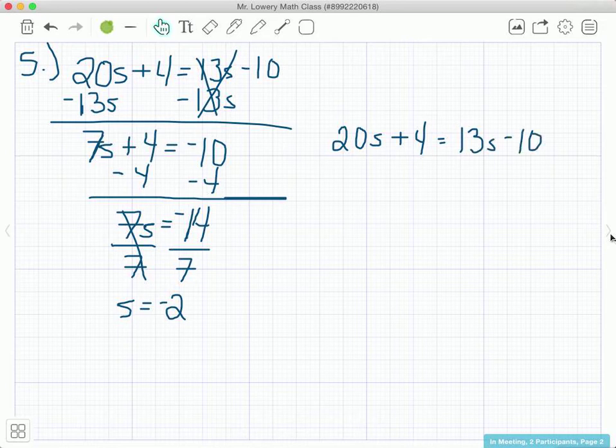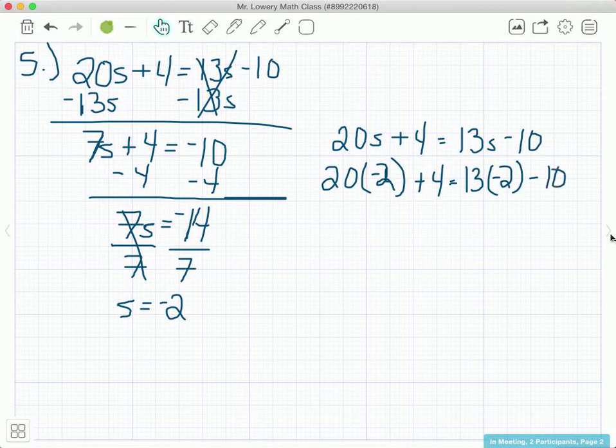And we're going to substitute negative 2: 20 times negative 2 plus 4 is equal to 13 times negative 2 minus 10. 20 times negative 2 is negative 40 plus 4 is equal to 13 times negative 2, which would be negative 26, minus 10.